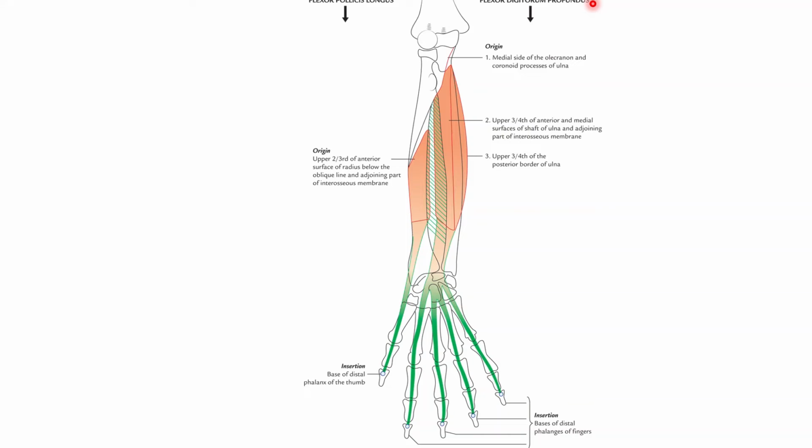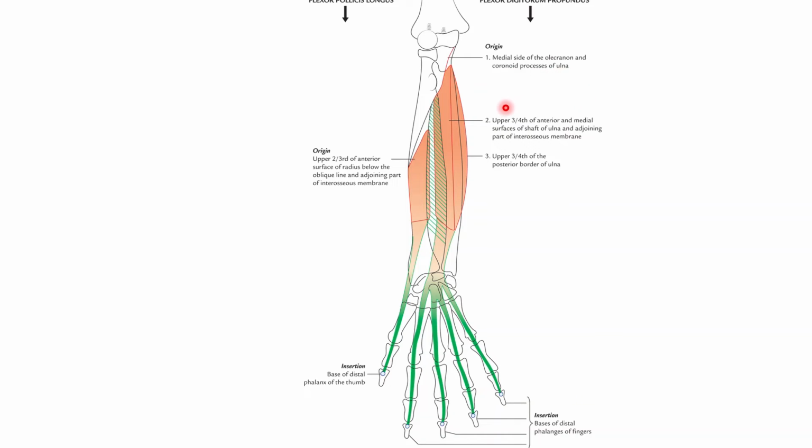This flexor digitorum profundus is seen immediately deep to the flexor digitorum superficialis. The origin of this profundus muscle is mainly contributed by the shaft of the ulna. The origin is from the medial surface of the olecranon and the coronoid process of the ulna.